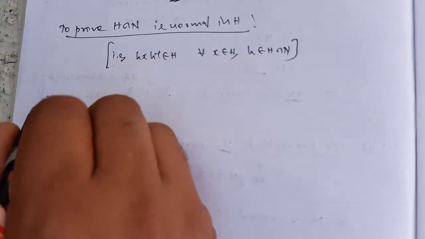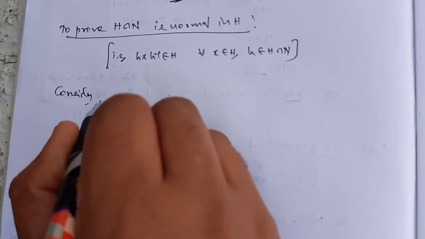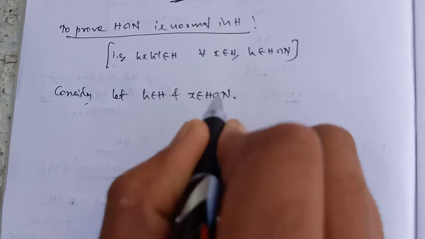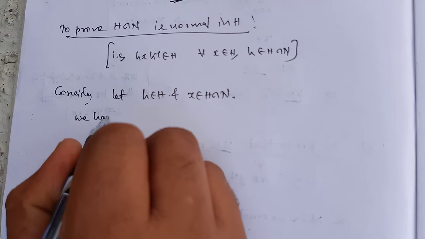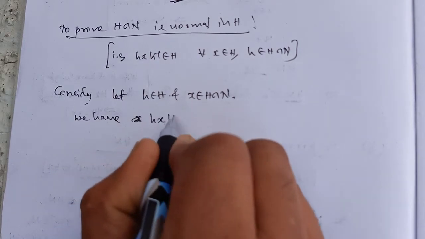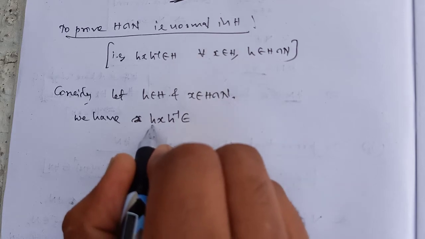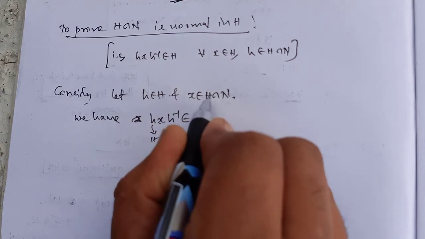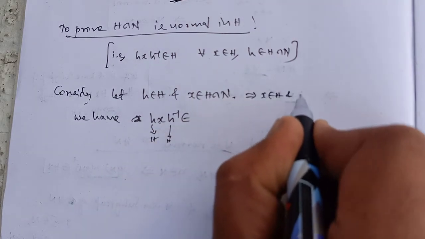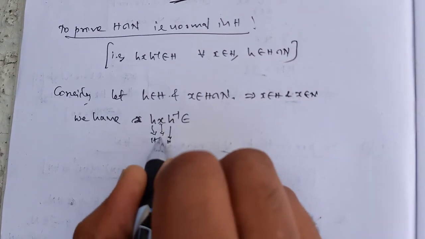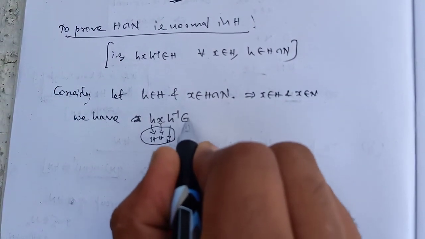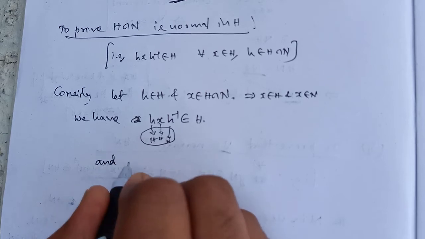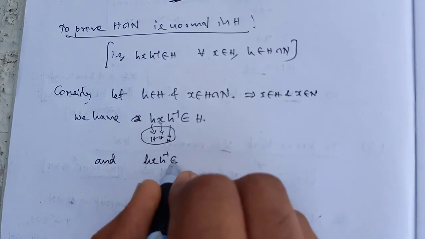For this, consider h belongs to H and x belongs to H intersection N. So we have hxh inverse, where h is an element of H and x is an element of H, since x belongs to H intersection N implies x belongs to H and x belongs to N. These three are elements of H, therefore hxh inverse belongs to H. Also hxh inverse belongs to N. Why?